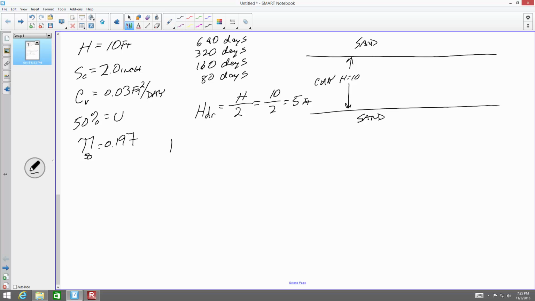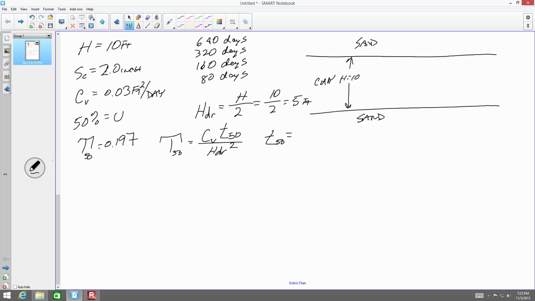And you should be able to find an equation that says time factor at whatever time it is. Time factor is C sub V T50 over HDR squared. You can rearrange that to get what we want to know. It wants to know how long, so it wants to know the time.